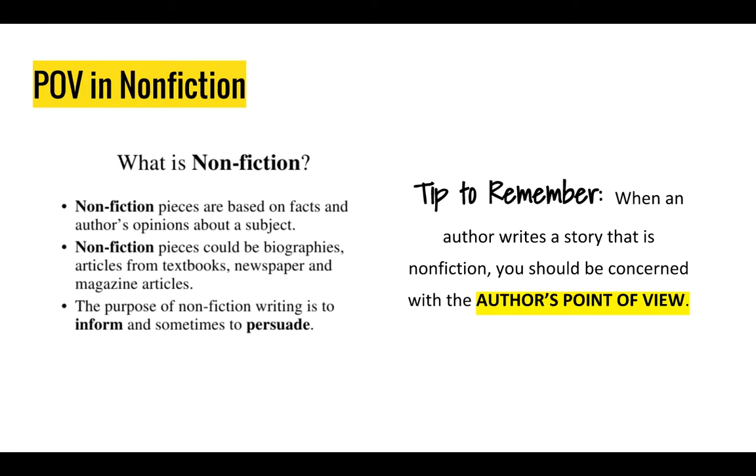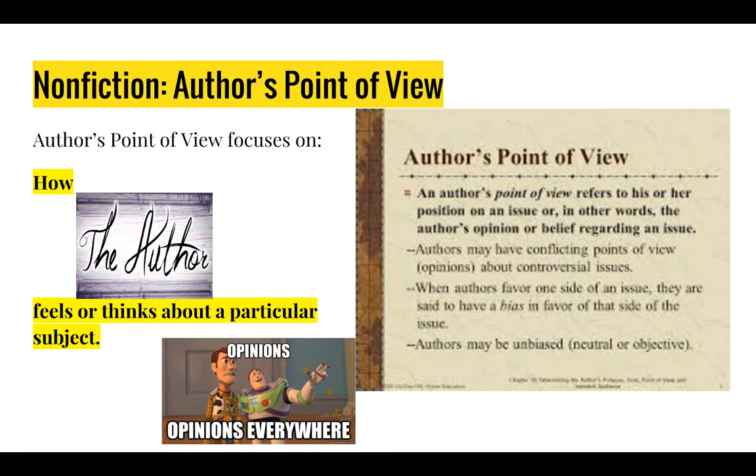You can look at that as their opinion about what's going on in the story. That's a good way to think about it. That's author's point of view, and that's going to be in nonfiction. You're also looking at, like it says on the screen right now, how the author feels or thinks about a particular subject. That's really all it is. Authors may have conflicting points of view sometimes. That's something to think about.